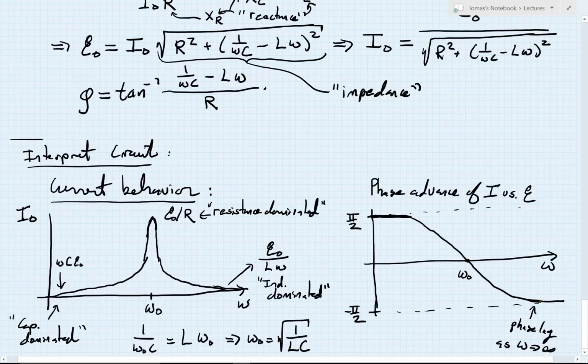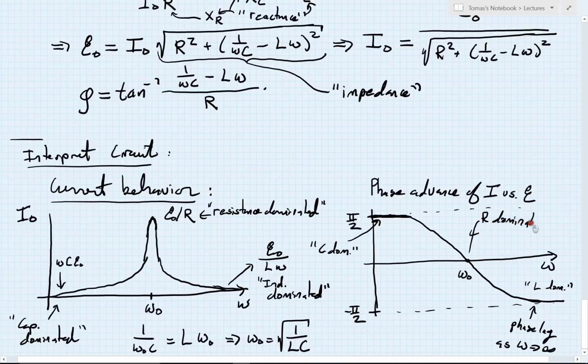So for high frequencies, this was the L dominated regime. Over here, I had the capacitor dominated, C dominated. And at this point, everything is controlled again by the resistance, R dominated.